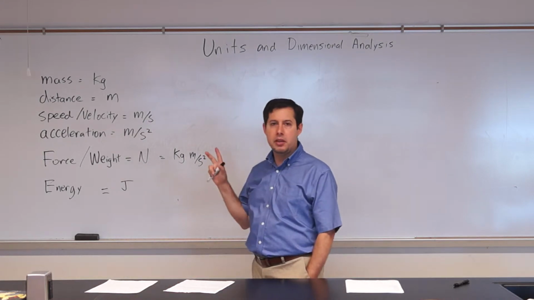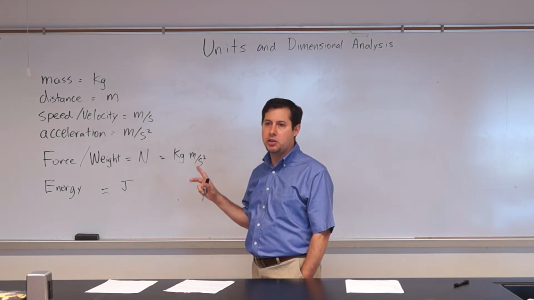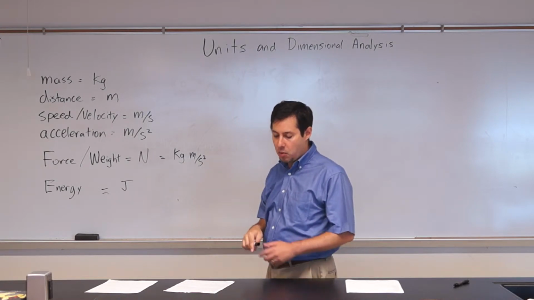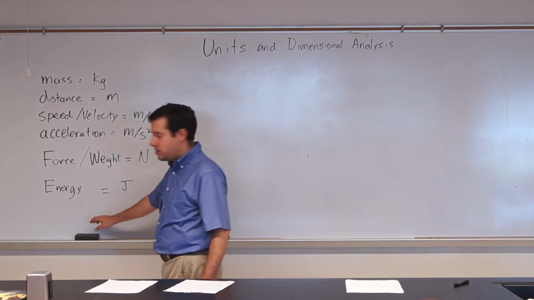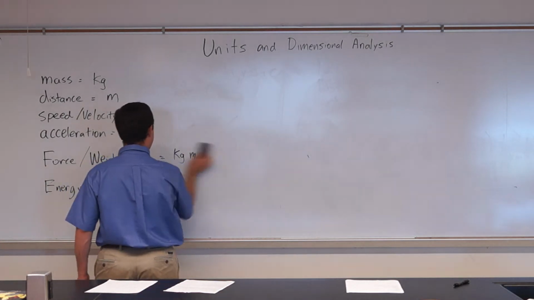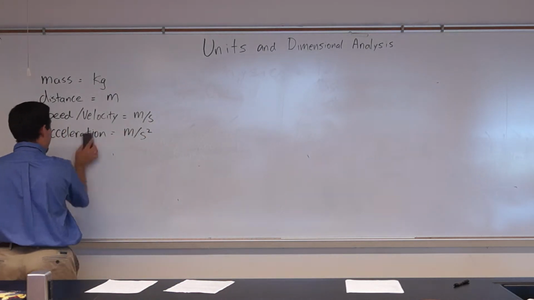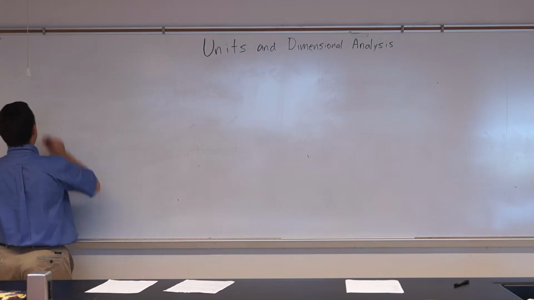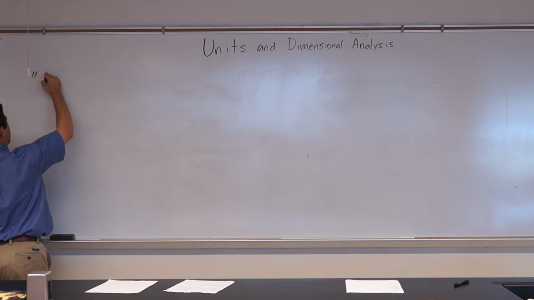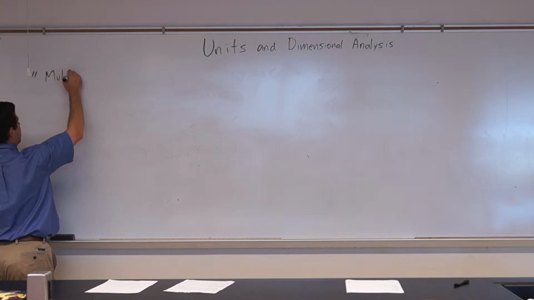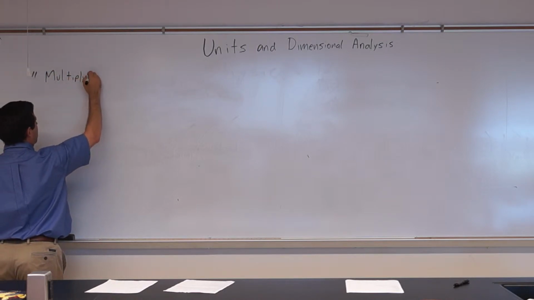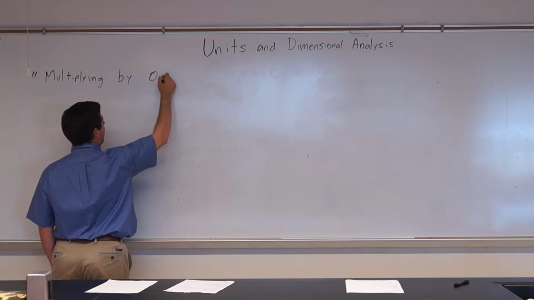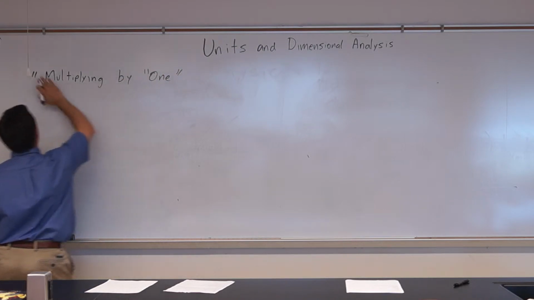And this brings up the last point of this video lecture, which is changing from one unit to another. And to do this, we're going to use a technique that's called dimensional analysis. And you can see that right there. I would nickname dimensional analysis, in case it helps you, as just multiplying by "1."